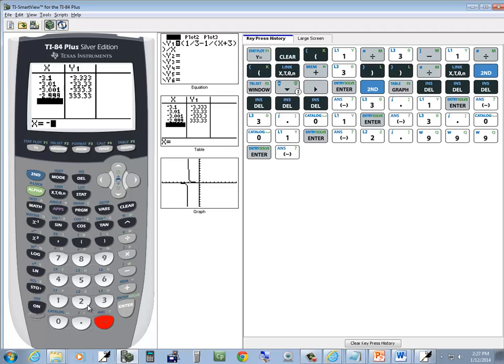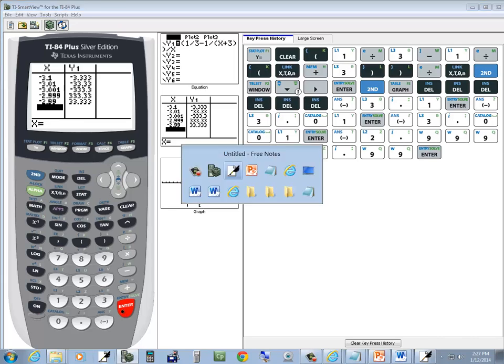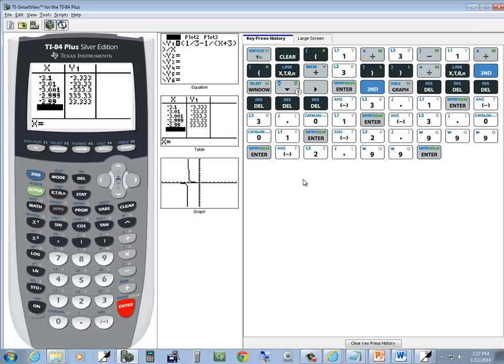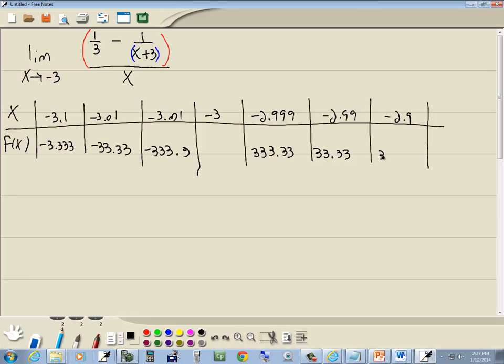Then -2.99. And we get 33.33. Another 3 actually, but doesn't matter. Then -2.9. And we get 3 point, and then a bunch of 3's.